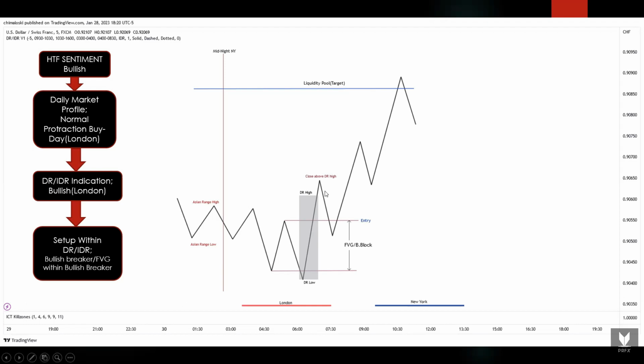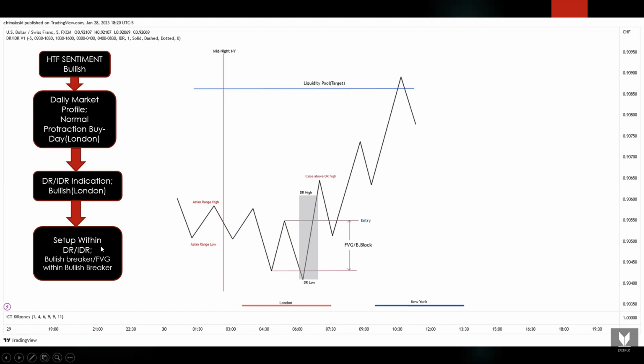Now, when the close happens above the DR, remember all of this is already in the works. We look for price to return into the structure here. Displacement lower, huge displacement higher, a return into that fair value gap or breaker block.